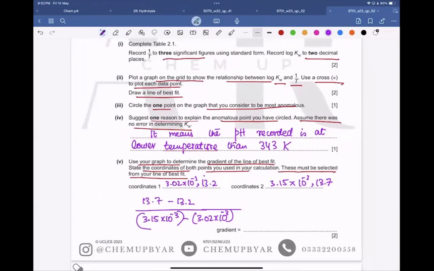Can anyone tell me the value, please? No one has calculated the value?